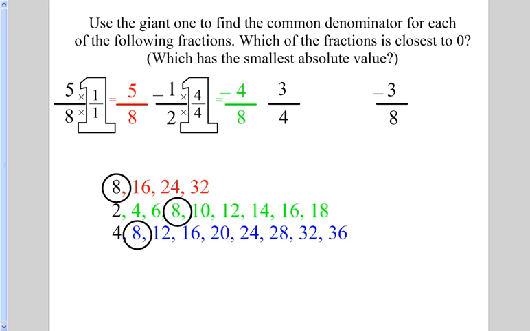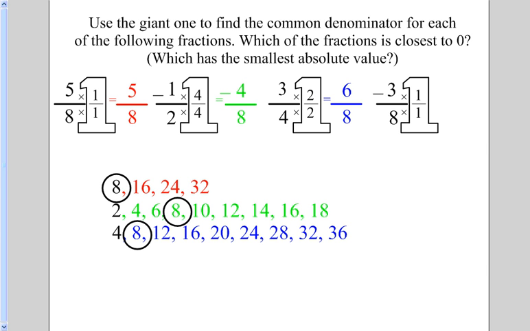And 3/4, we're going to multiply that times 2 halves, 2 over 2, in order to give us 6/8. And then -3/8, again, we're going to multiply by 1 over 1, and that's going to give us -3/8. Now we have 4 fractions with common denominators that we can easily compare.